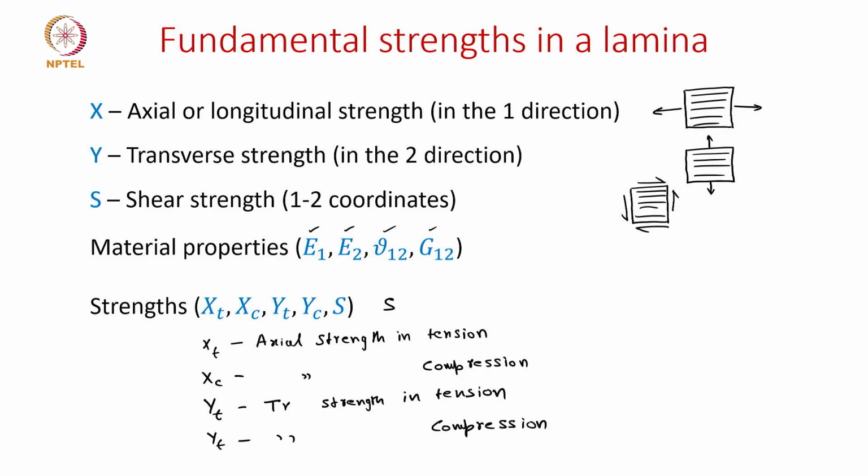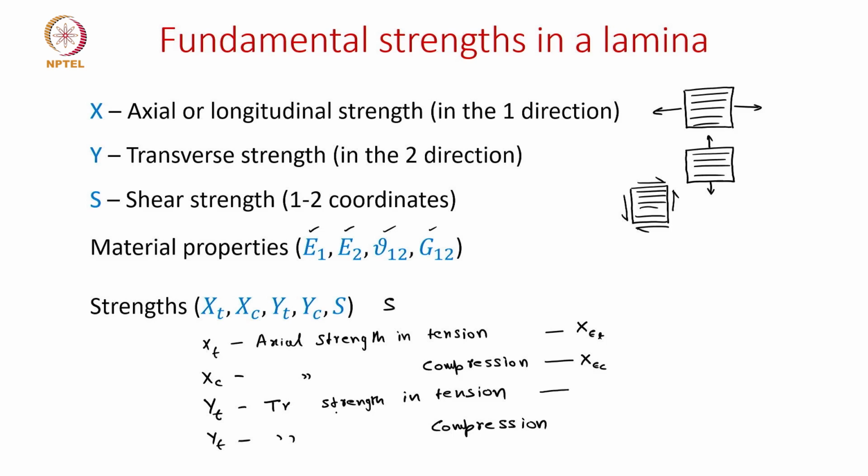Currently, we showed the strengths in terms of stresses, but the strengths can also be shown in terms of the strains. So, for axial strain in tension, we write it as x epsilon t, and axial strain in compression, we write it as x epsilon c.